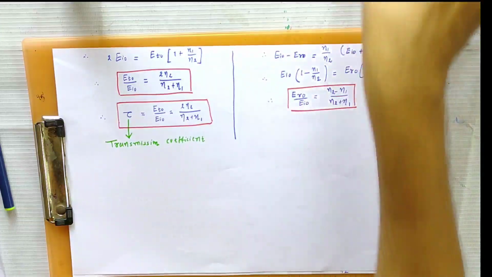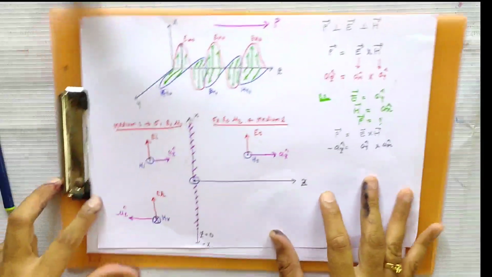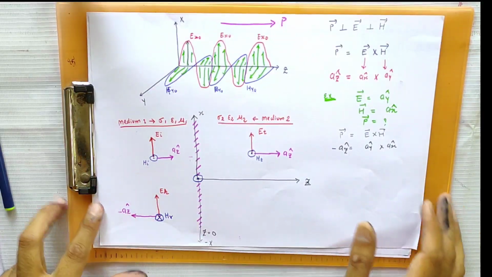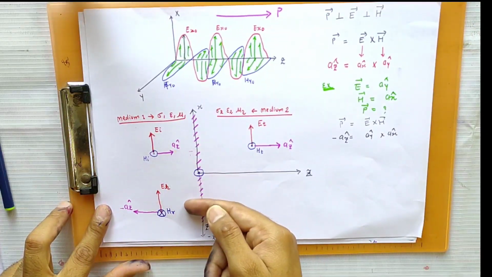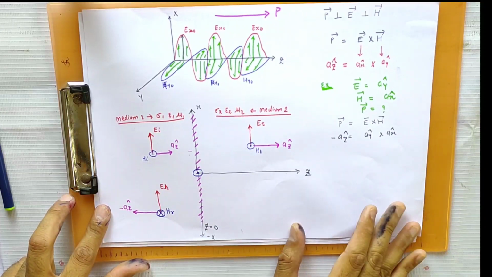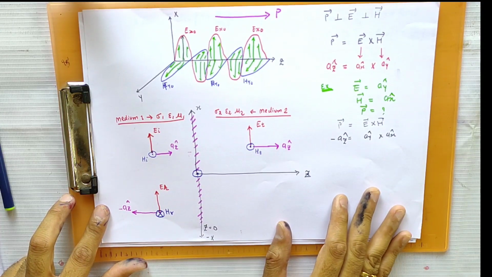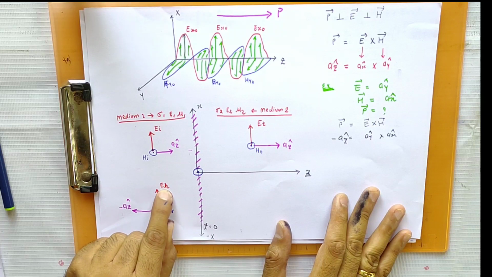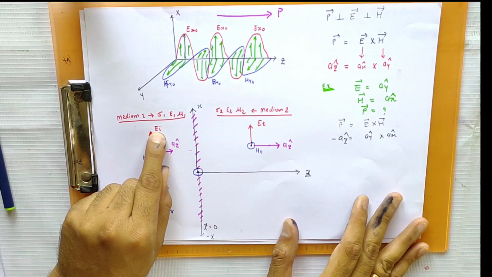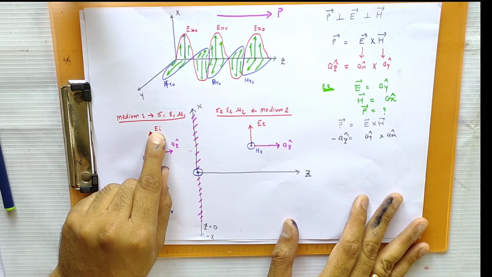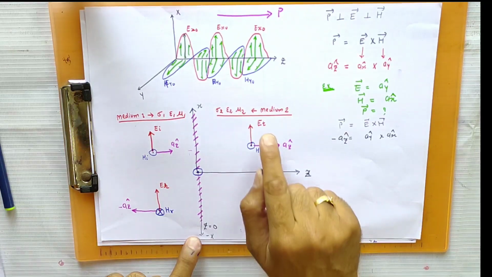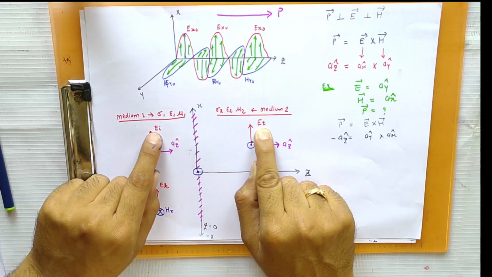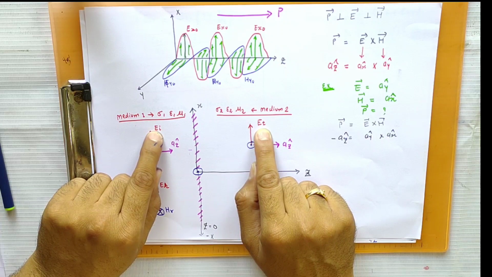How much portion of the wave is reflected back? Reflection coefficient is reflected wave divided by incident wave. Transmission coefficient is transmitted wave divided by incident wave.